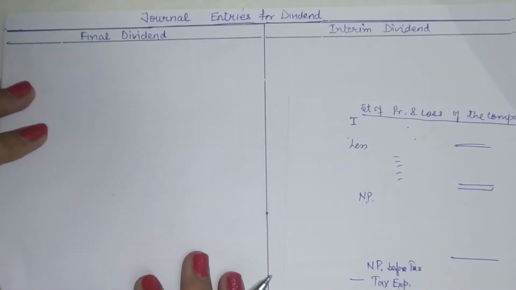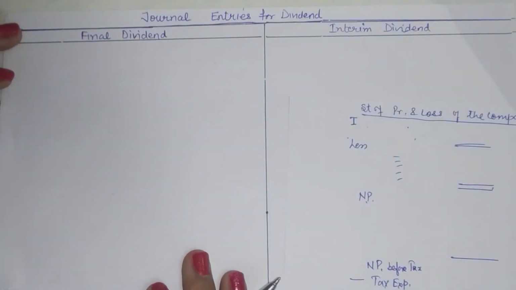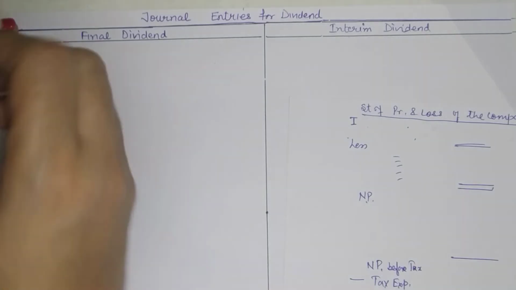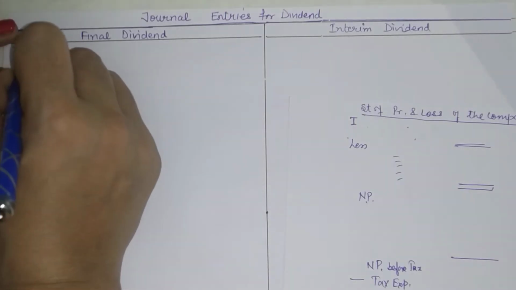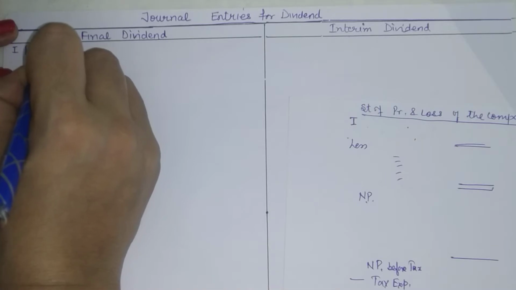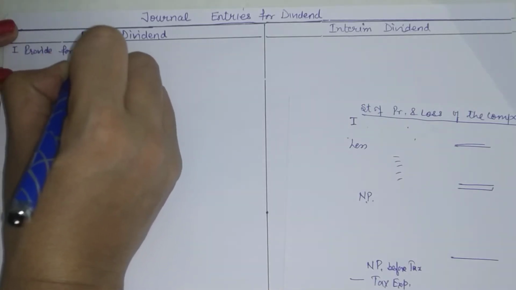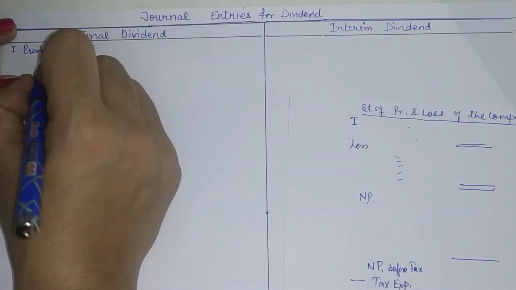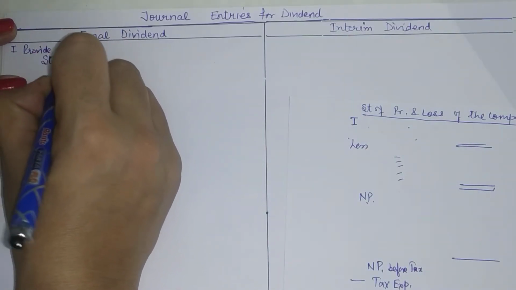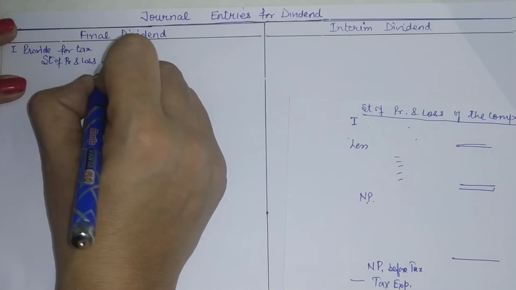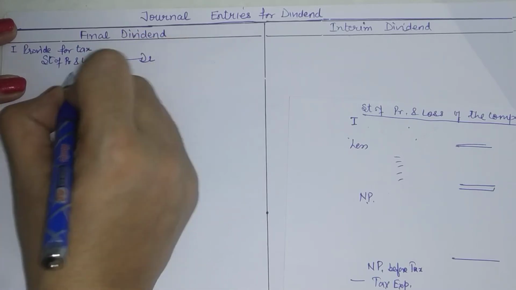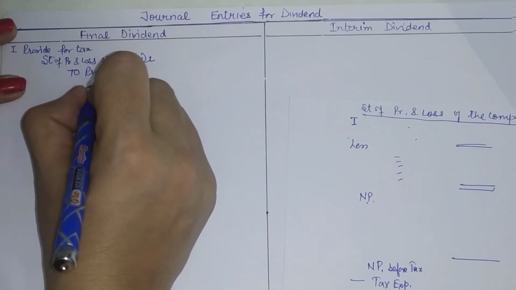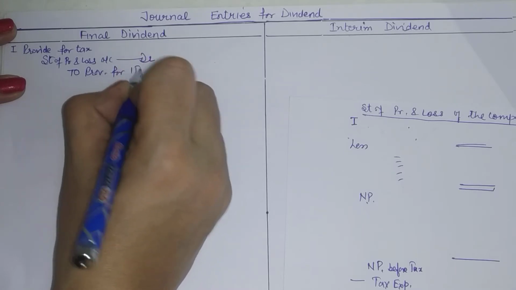So if in a given problem we are given net profit before tax, it will imply we will first provide for tax, right? Now this is to be provided from its statement. So your statement of profit and loss is debited to provision for income tax account.